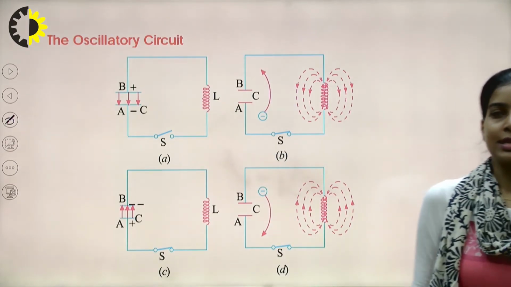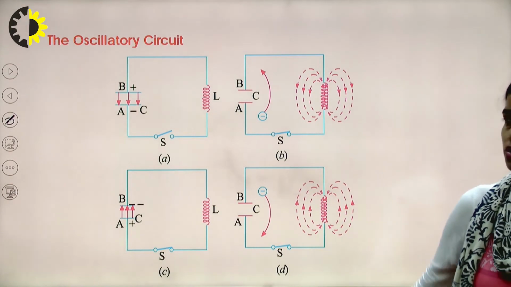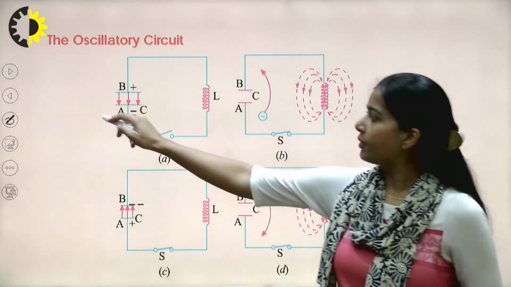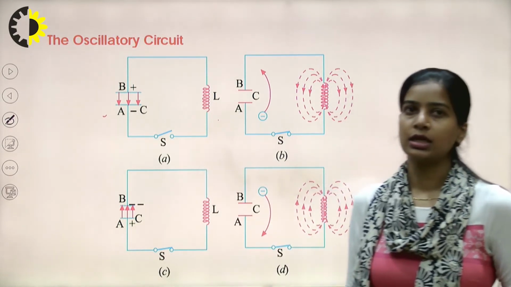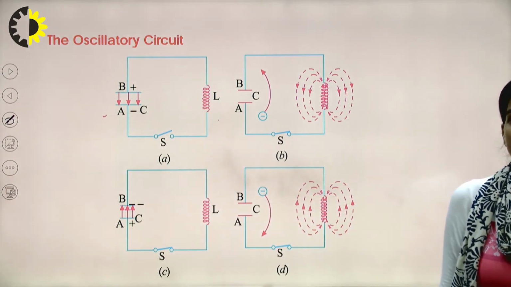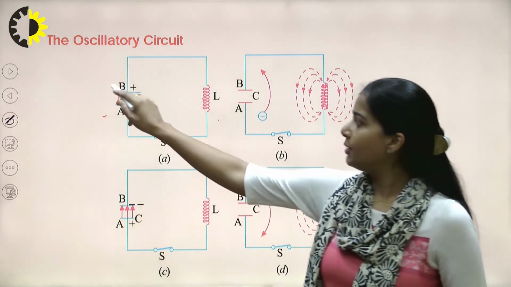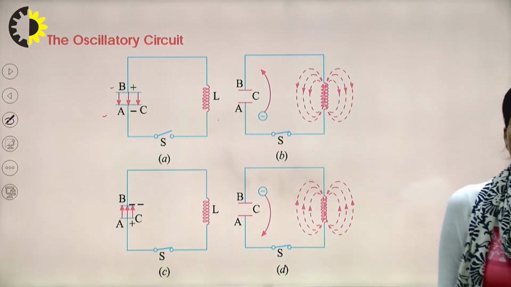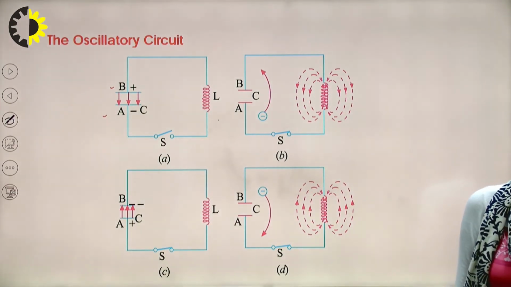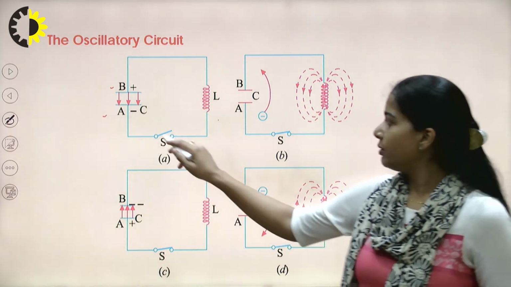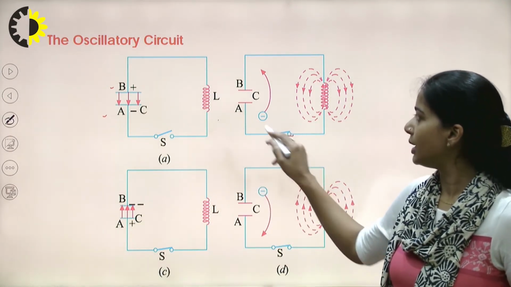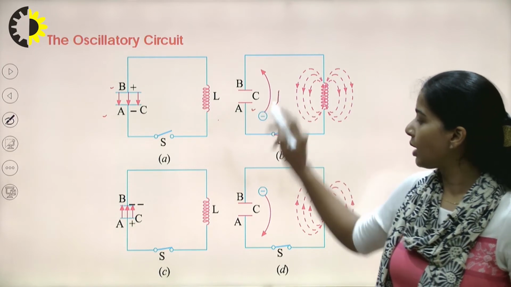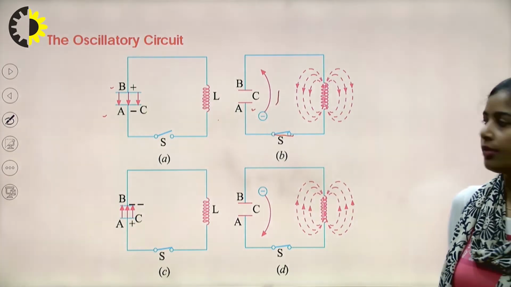So how are the oscillations produced? This diagram shows an oscillatory circuit with a capacitor, an inductor and a switch S. When the capacitor is fully charged, plate B is positive and plate A is negative. When we close the switch, the charge moves from B to A, contributing to the flow of current.